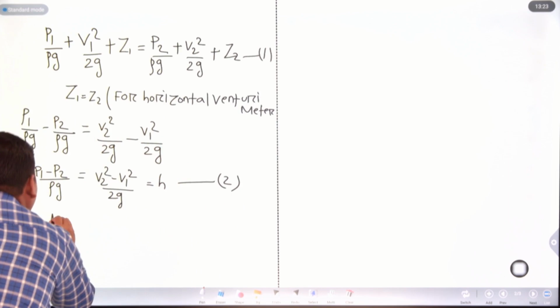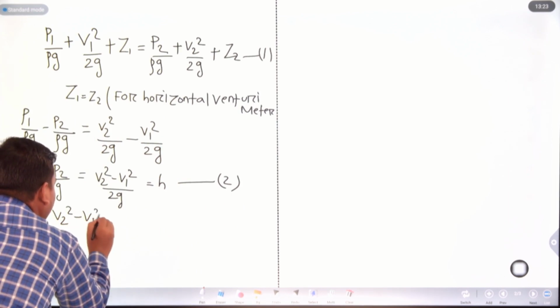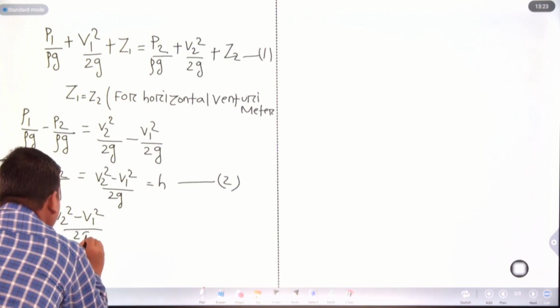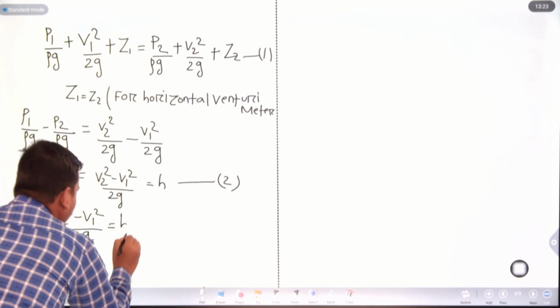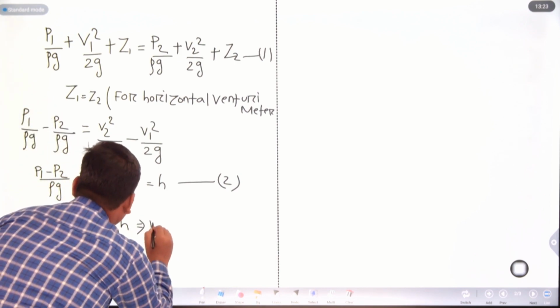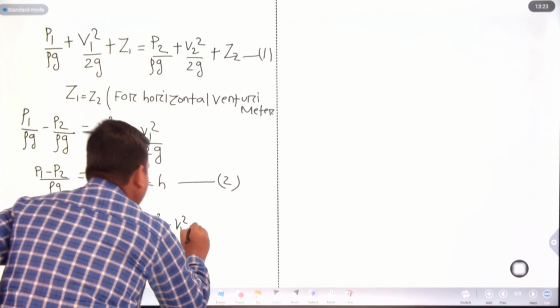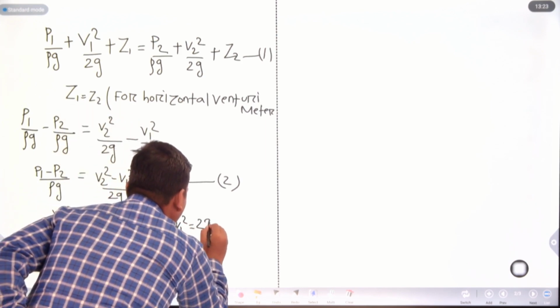Now V2 square minus V1 square divided by 2g is equal to h. That implies V2 square minus V1 square is equal to 2gh.